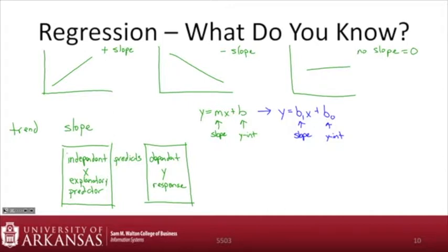What else do we know about regression? We can throw correlation in the mix too, because getting this positive slope means you generally have some data points. So R is our correlation.